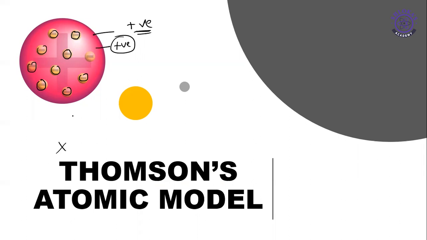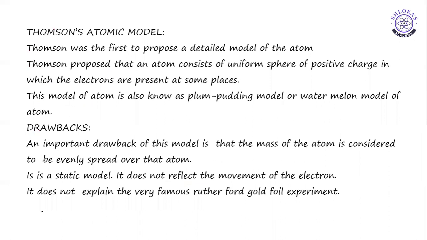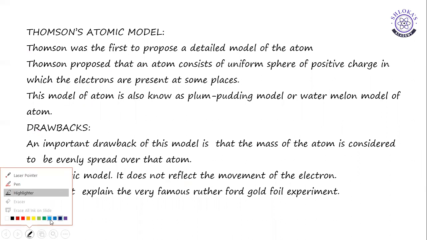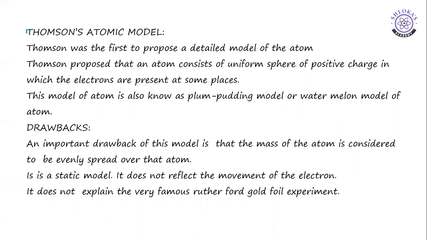What were the assumptions given by Thompson's atomic model? Once again, we will review the important postulates, and what the merits and demerits were. Thompson was the first to propose a detailed model of the atom.